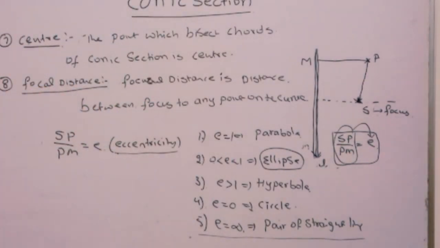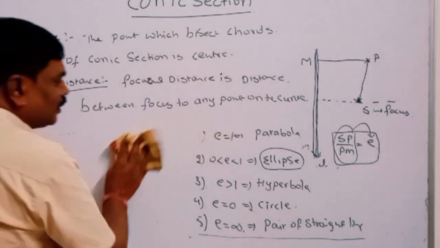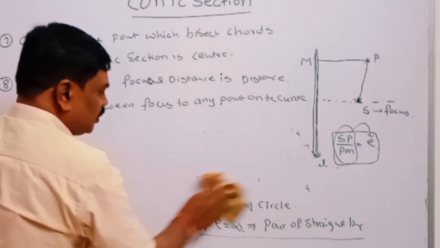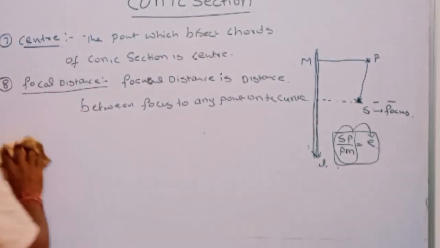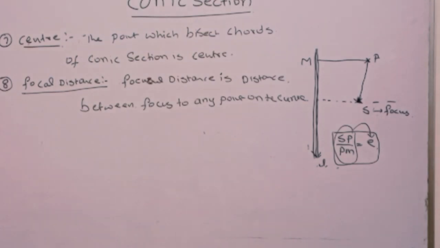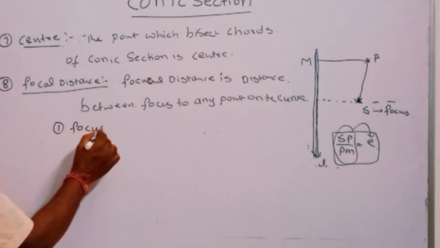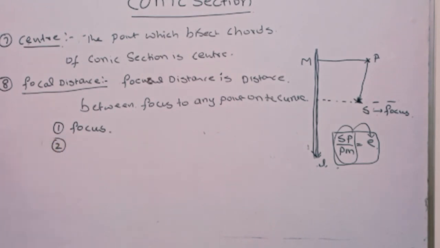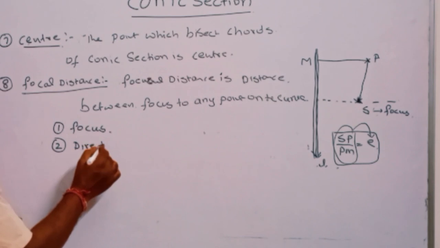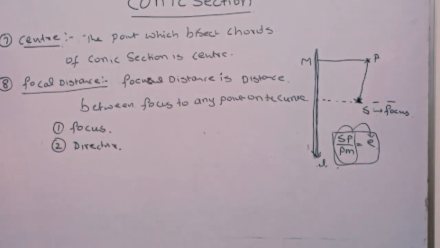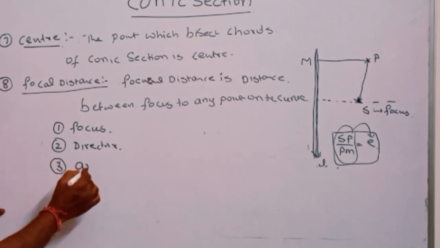Once again, we repeat all the notations. First one, focus of the conic section. Second one, directrix. We already discussed it. Third one, the axis.